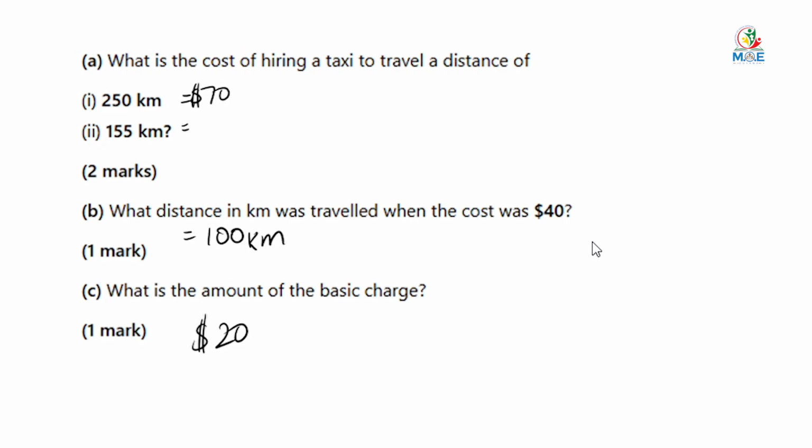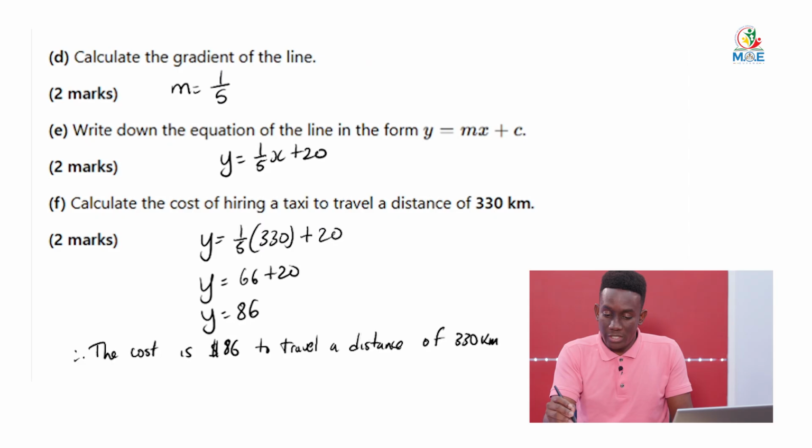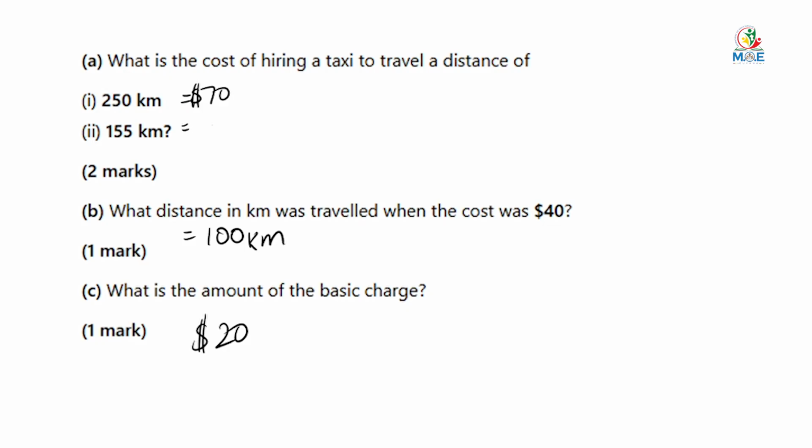Now let's go back to the earlier question, which asks us, what is the cost of hiring a taxi to travel a distance of 155 km? We know the equation of the straight line, which will help us find that cost. It's y equals 1 over 5x plus 20.